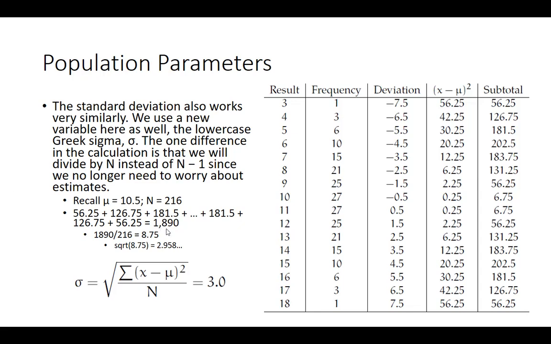And that gives us 1,890. So the sum of our squares is 1,890. Our n was 216. If we divide 1,890 by 216, we get 8.75. And then when we take the square root of 8.75, we get 2.958 and some more digits, which rounds to 3.0.